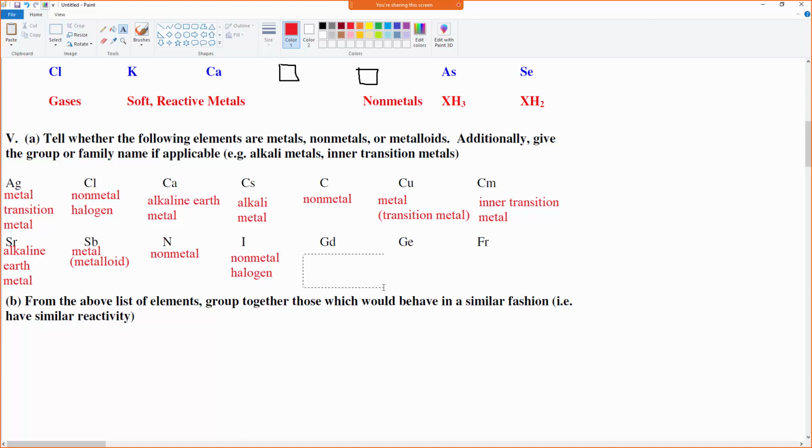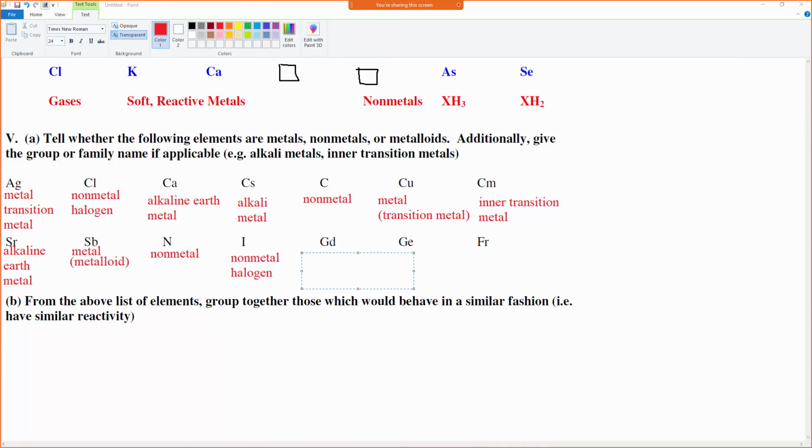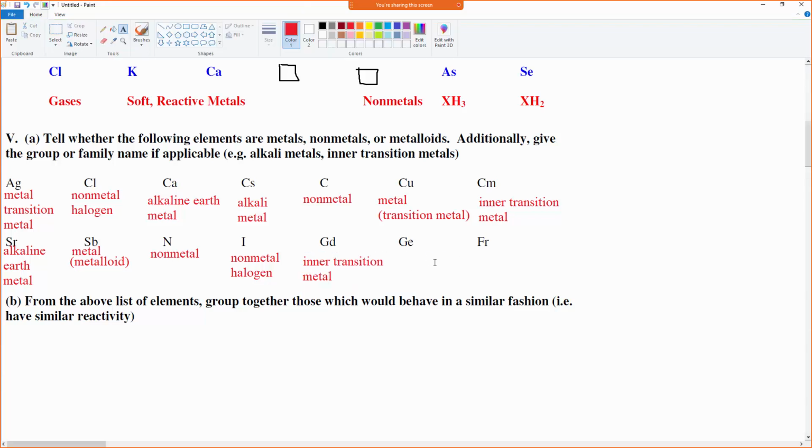All right, Gd, what is that? Good. Inner transition. Good.